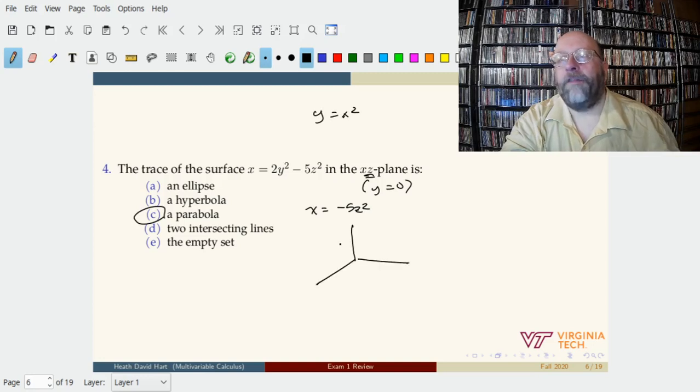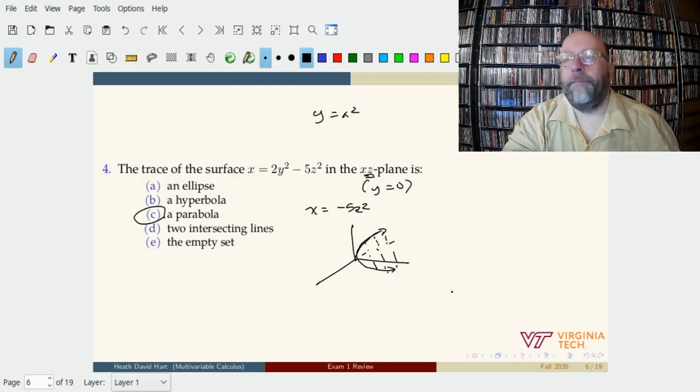And so the x-coordinate is based on the squared term of the z-coordinate, but it's negative. So it's actually curving in the negative x direction. Like so. Okay?